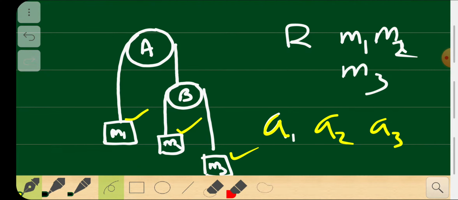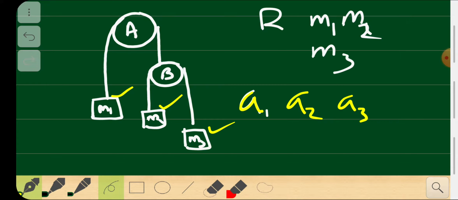I can do that. And also I can find the tension in this string A, and also the tension in the string B, TB. You can find them all out.